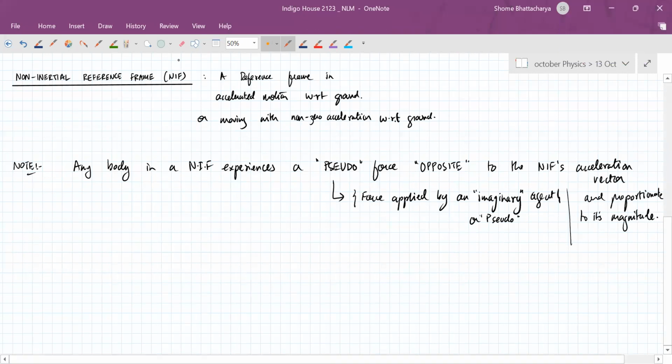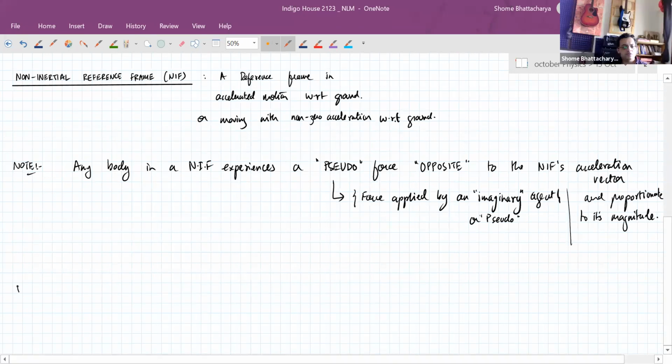So to interpret this statement, let us just think of a couple of simple everyday examples. Now let's say this is some kind of a vehicle which is at rest initially.